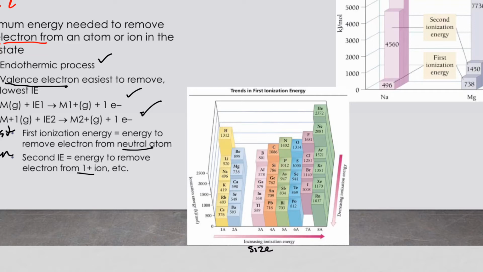Again, think of it in terms of size. The atoms are bigger. The electrons are further away. They're not as held to the nucleus as strongly, so it's going to be easier to remove them. So if we think about the size trends, it gives us a good insight into the ionization energy trends.